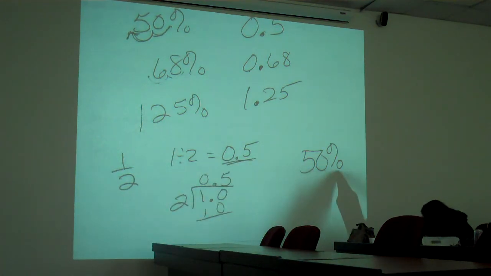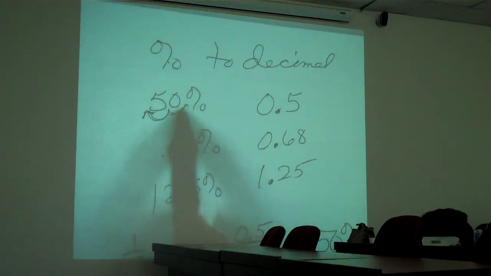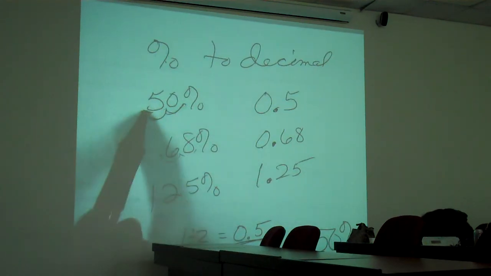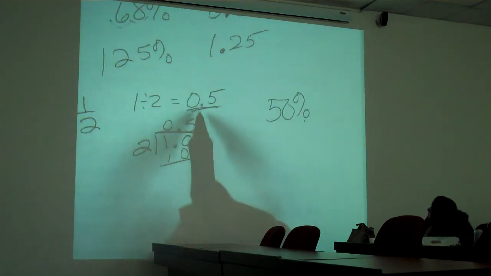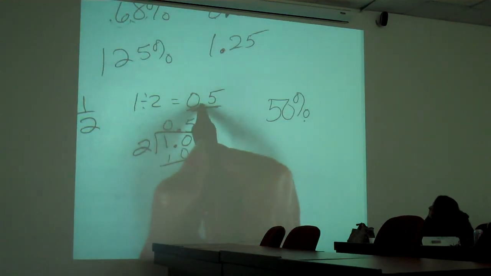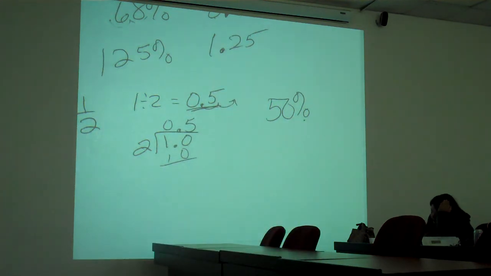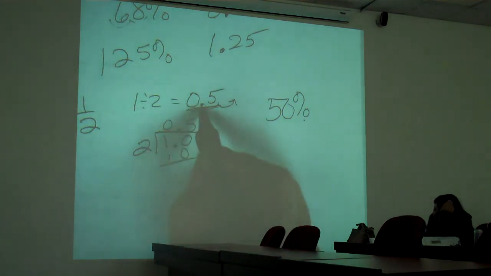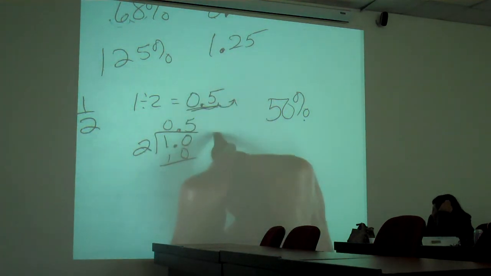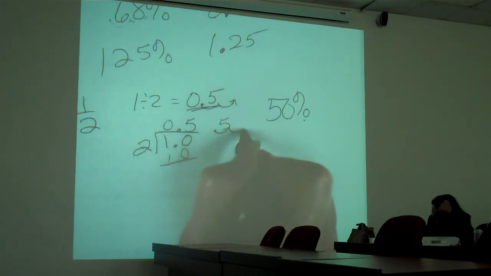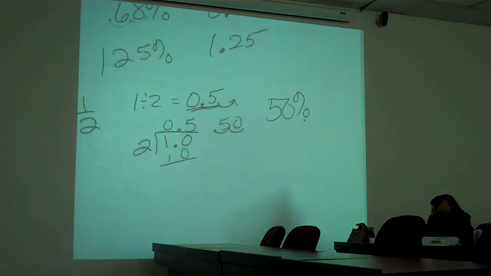To get the percent, we went to the left to go from percent to decimal. We're going to go to the right. From this decimal, we go right 2 times. It's always 2, okay? So 2 times, and if you move 2 times, you need to add that 0, so that turns it into your percent.